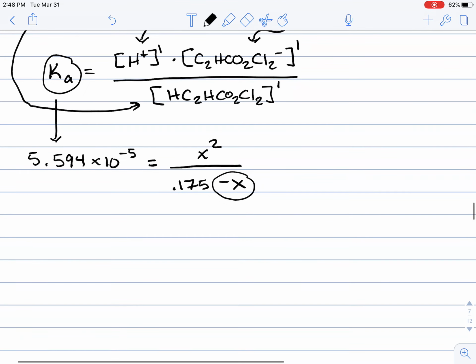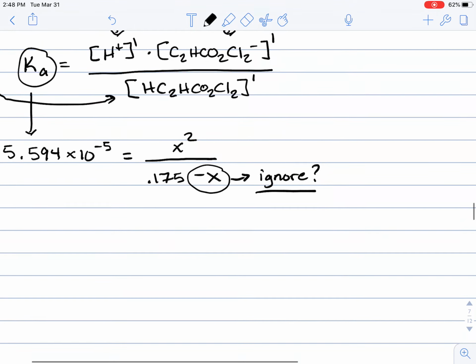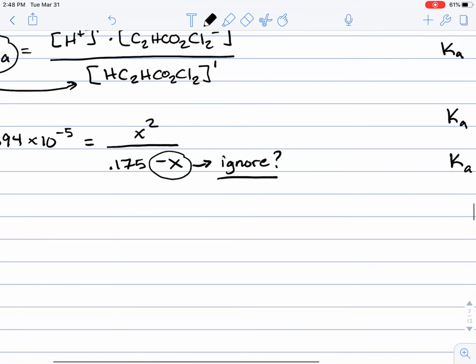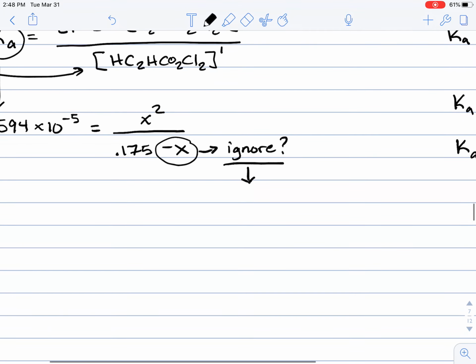And so we want to determine if we can ignore this x in the denominator. We can assess that by determining whether or not the statement is true or false: the initial concentration is far, far greater than the equilibrium constant.